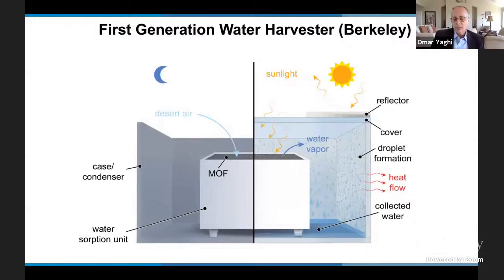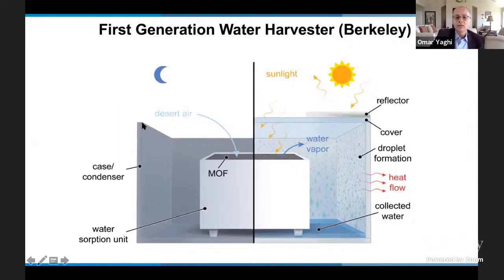So we scaled it up to a kilogram quantity of moth, and we changed the design of the device so that it's basically a box within a box design. The interior box has the moth, and that is put inside a larger box. The larger box is open during the night to allow desert air to come in, and the moth traps the water from desert air.